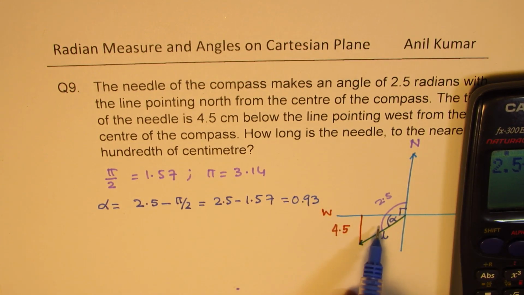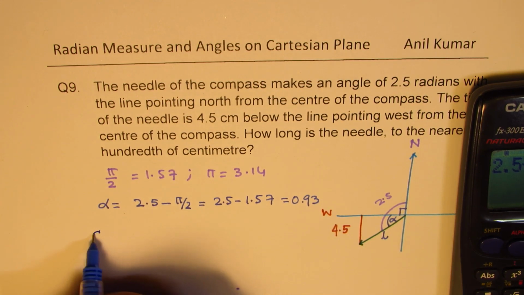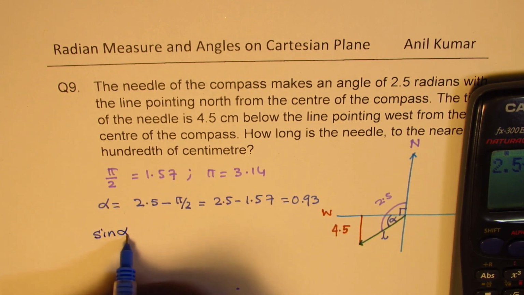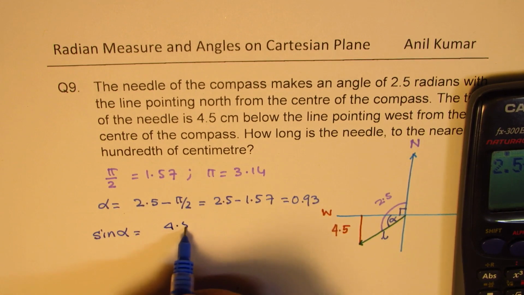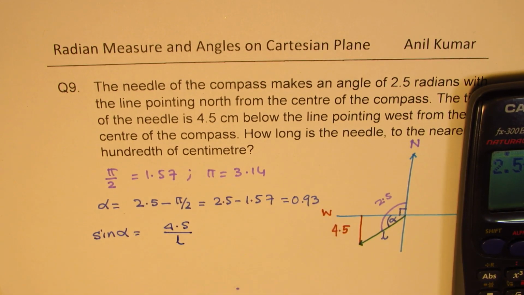Now, in this triangle, we have the opposite and the hypotenuse, and therefore we could use sine alpha, right? So sine alpha is opposite side over hypotenuse, which is 4.5 over the length which we need to find. So length L is equal to 4.5 divided by sine of this angle 0.93, correct?